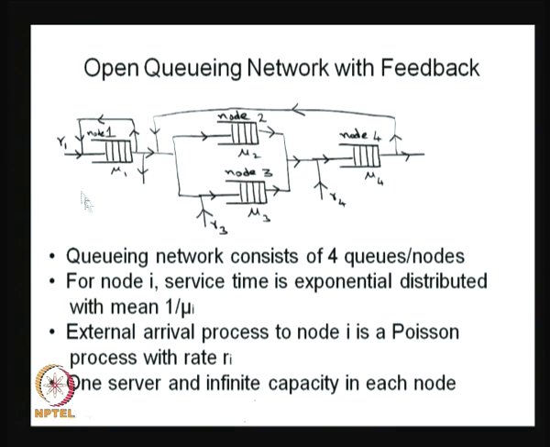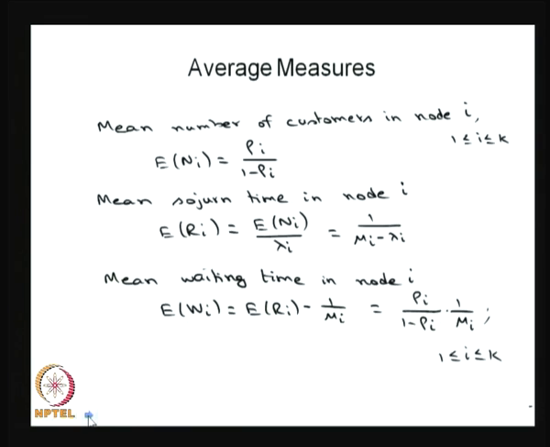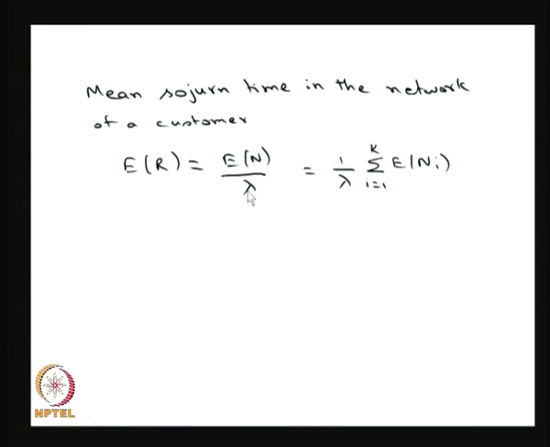So, if you add all the external arrival rates to different nodes, that summation is going to be the total arrival rate to the system, because to apply Little's formula you consider the whole thing as one system in which R1, R2, R3 are all independent. Therefore, the summation is going to be the arrival rate for the system. So, the lambda for that example is R1 plus R2 plus R3 plus R4.